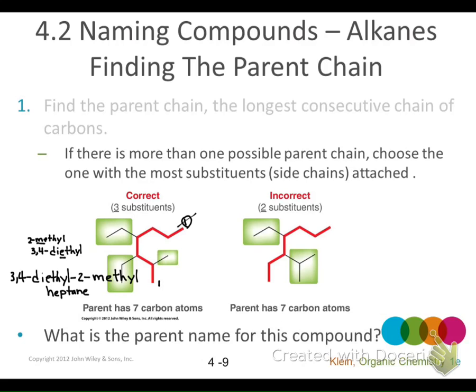I wanted to say something else about this. What was it I wanted to say? Oh yeah. Now you know why common names are so common. This is a very small molecule, and that's the name. When you get to like 10 or 20 carbons with multiple substituents, the names get unreadable, so they get names like heparin, right?